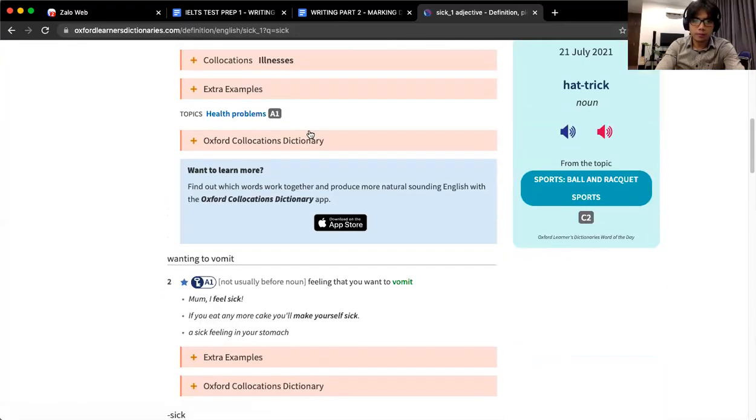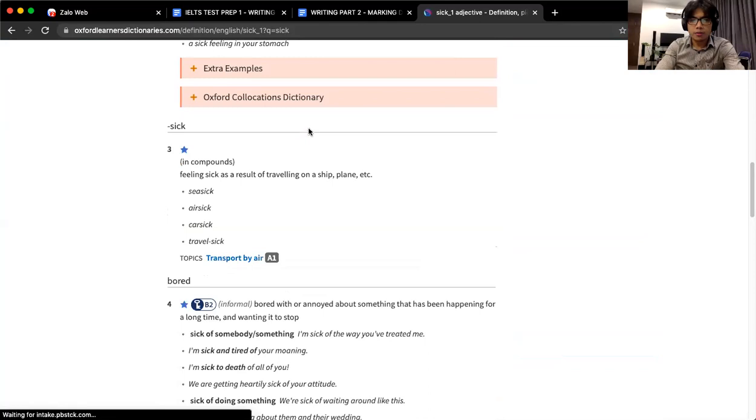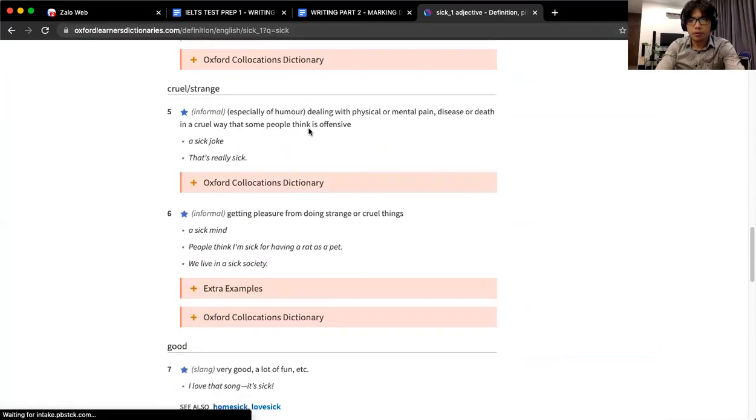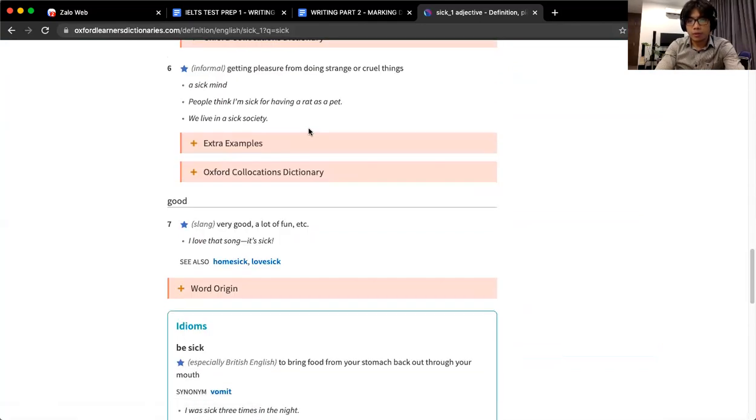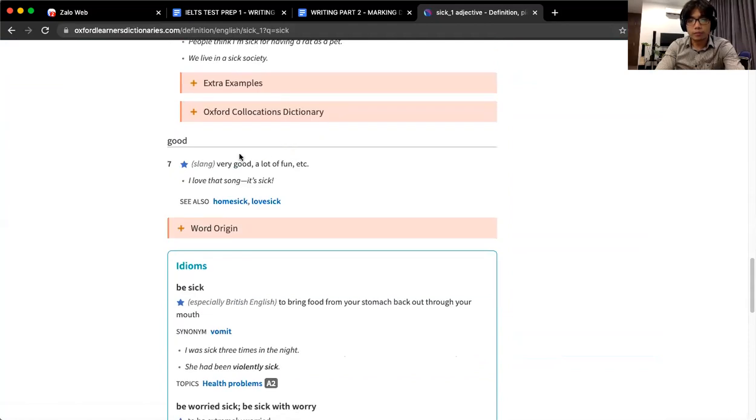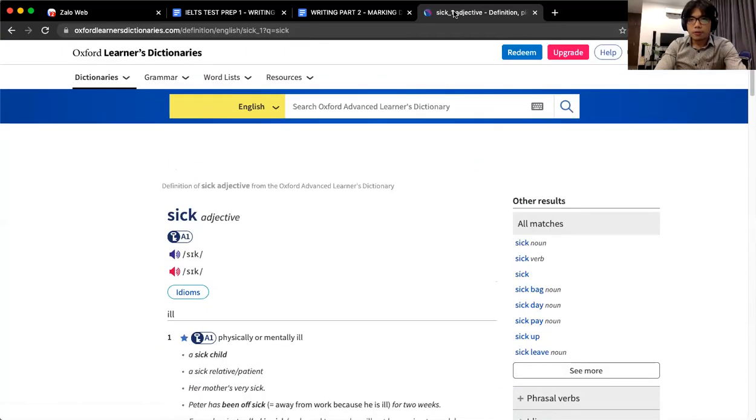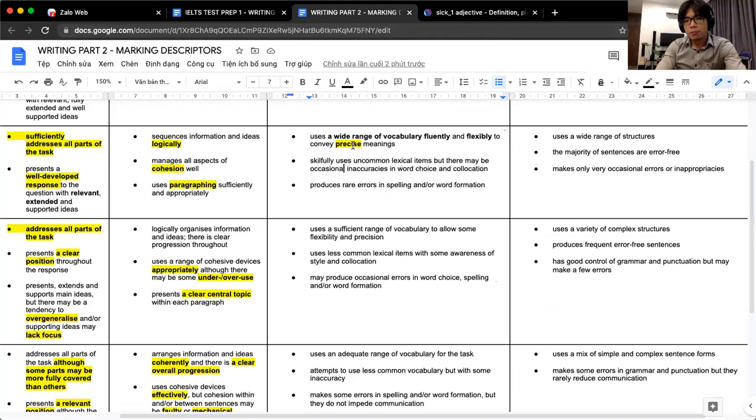Not as in you are bored or you are sick mentally or physically, but here it's slang, very good, a lot of fun. So precise meanings here means you know the words to capture what you want to say.